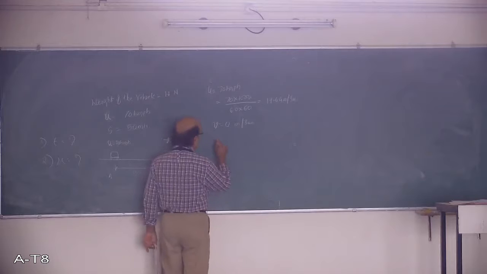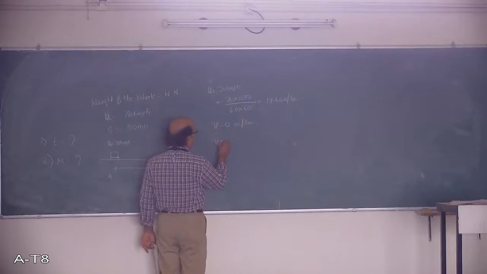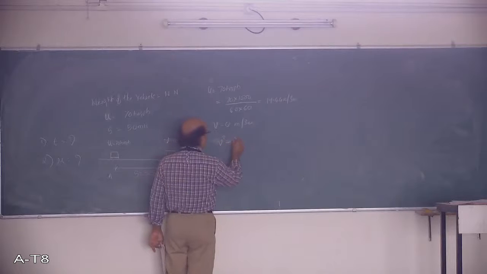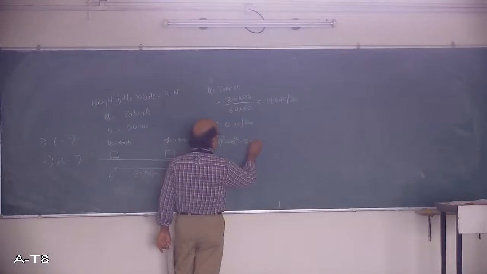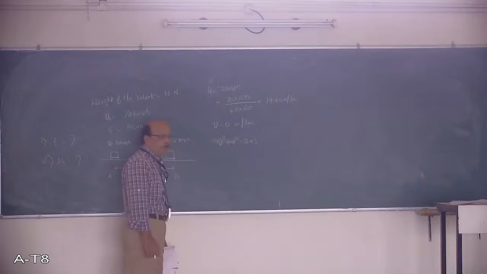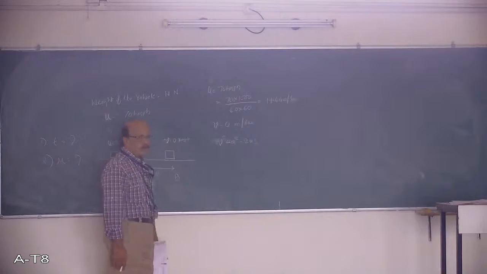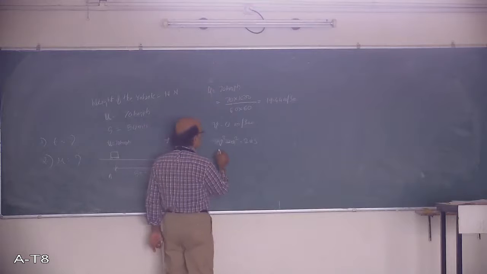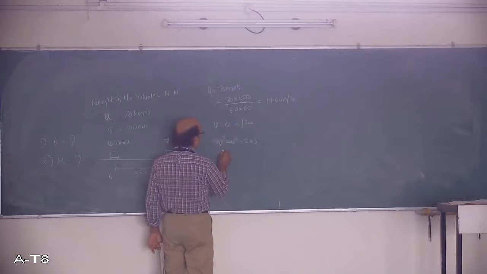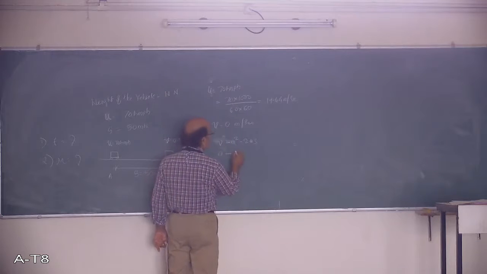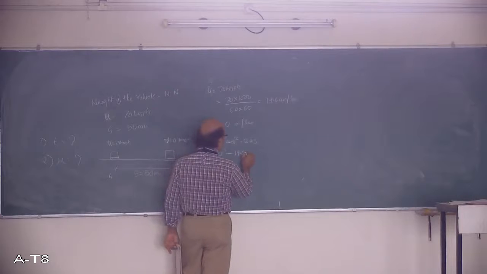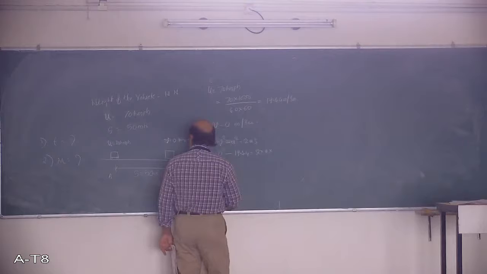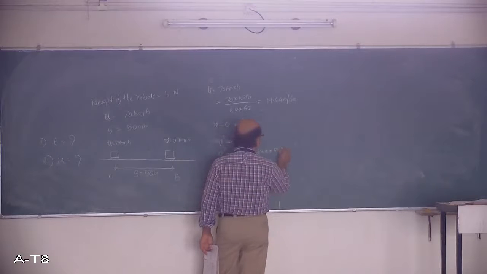You apply the kinematic equation: V square minus U square is equal to 2AS. There are three equations, and out of those you apply one. I know V, I know U, and I know S, so I can work out the acceleration A. Substitute the values: V is 0 square, the initial velocity is 19.44 meters per second, equal to 2 into A into 50 meters.